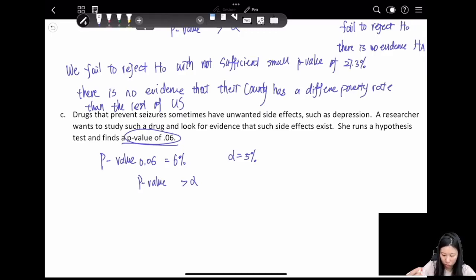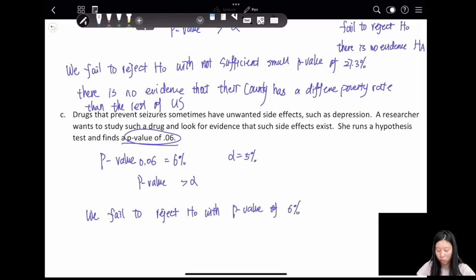So now let's state that we fail to reject our null hypothesis with a p-value of 6%.